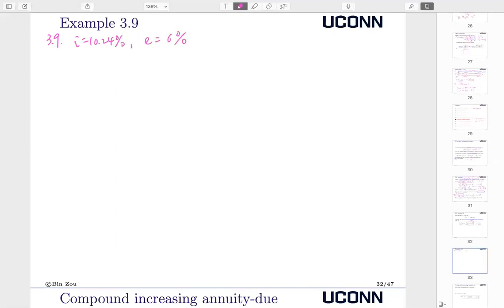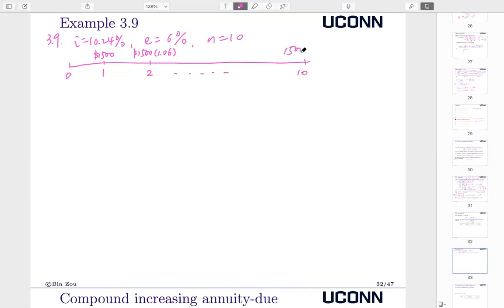So as you can see, I is bigger than E. The first payment is 1,500 and N is 10. Okay. So here what we have is, well, if you want to draw a timeline, it will be like this. Okay. So at time 1, you have 1,500. Then it will be 1,500 times 1.06, right? Goes on until the final moment.